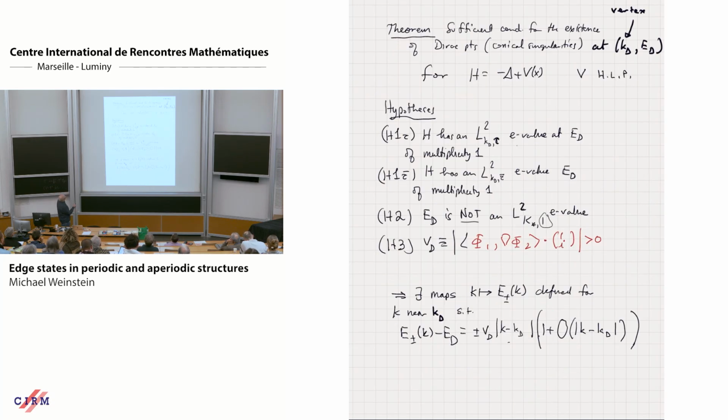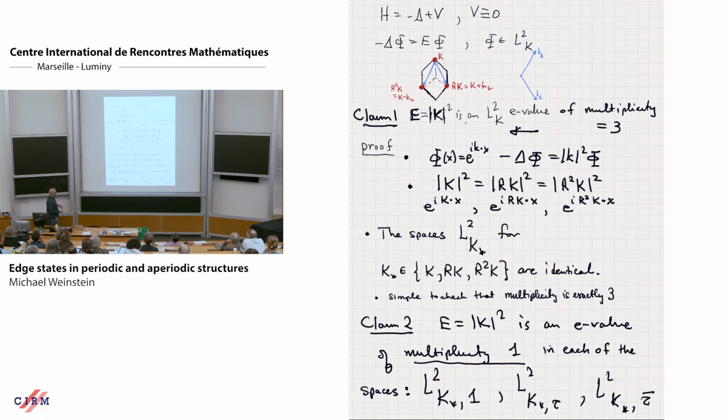Now, there's a sufficient condition that one can write down for the existence of Dirac points. You have this triple orthogonal direct sum in terms of the spaces 1, τ, and τ̄. So the spectrum of the operator H acting in that high symmetry quasi-momentum subspace will be equal to the union of the spectra in these individual subspaces.